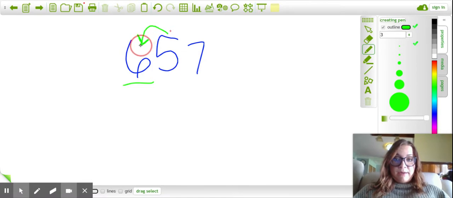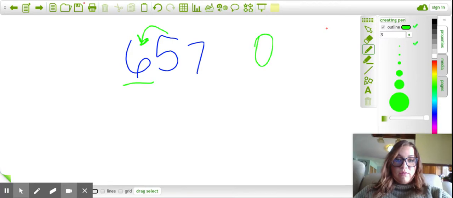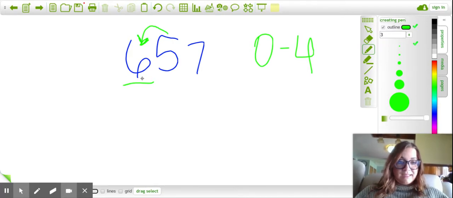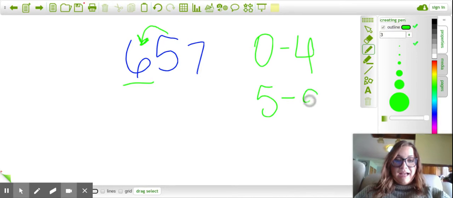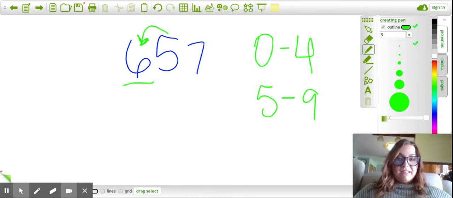It's kind of bossy. Okay, so if the neighbor is 0 through 4, we're going to stay on the floor. That means that this digit is going to stay the same. But if it's 5 through 9, that would be 5, 6, 7, 8, or 9, it's going to go up by 1.